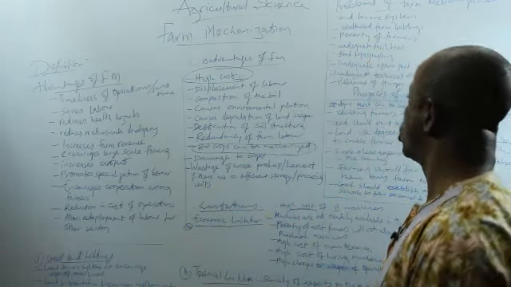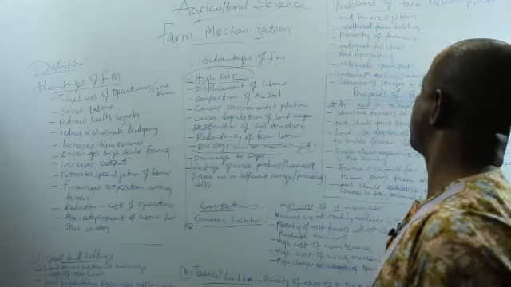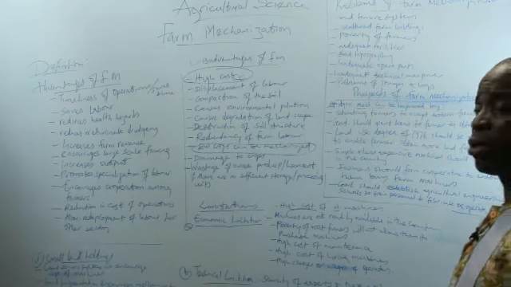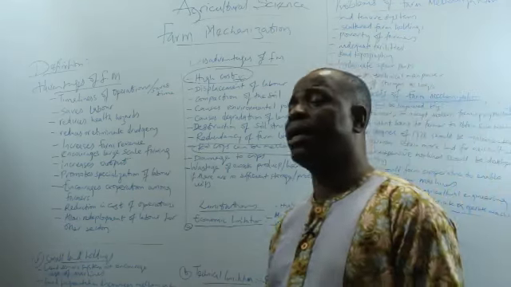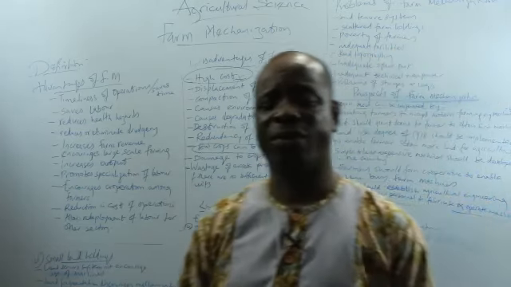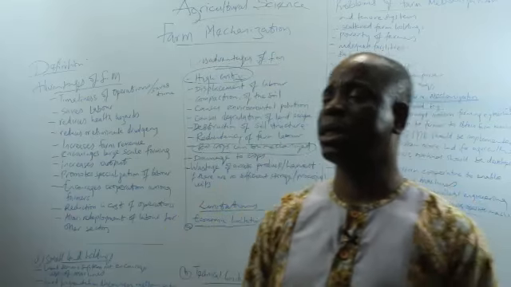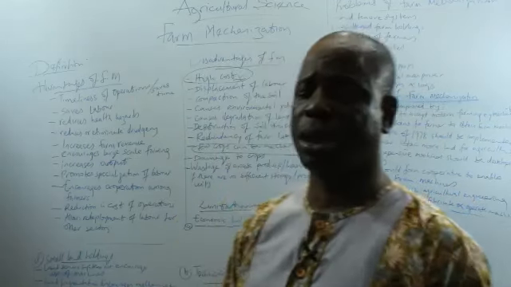Okay, let's go to limitations, or let's start with the problems of farm mechanization. There are quite a lot of problems. Now we have land tenure system. Land tenure system is a system whereby the farmers depend on the customary system to acquire land for agriculture. Example is through inheritance or through communal land tenure system.